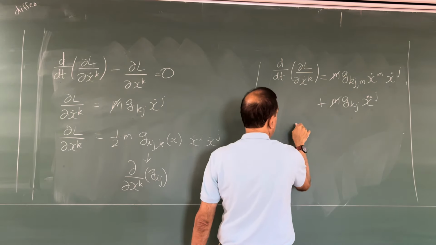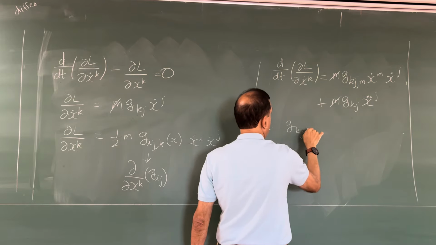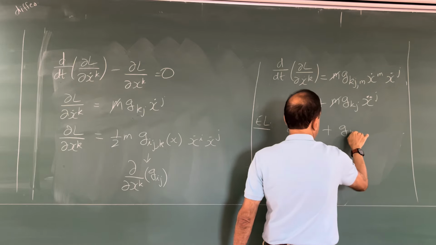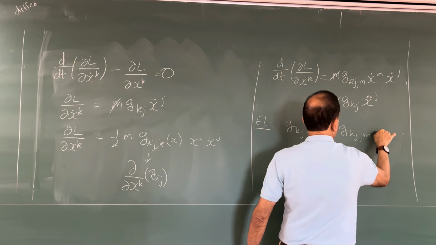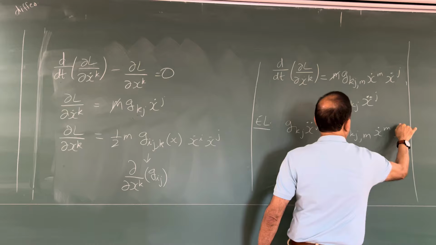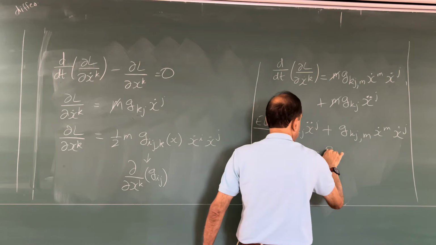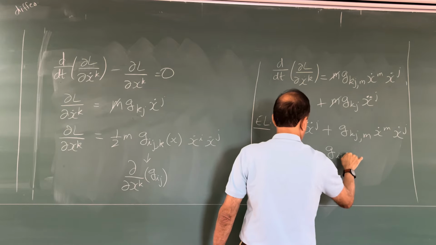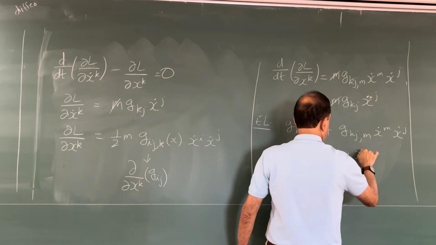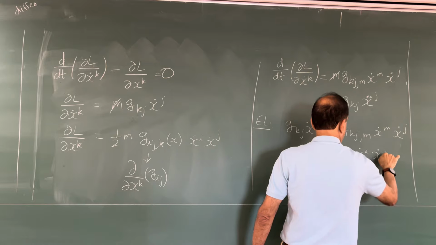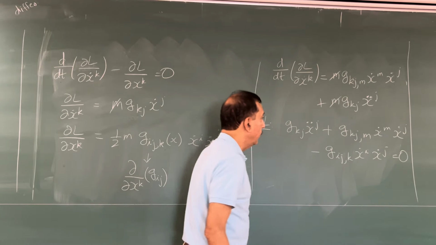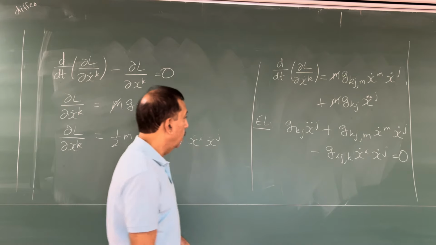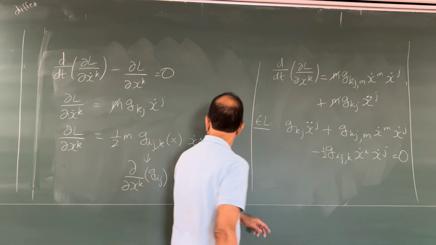So I get g_kj x double dot j plus g_kj,m x dot m x dot j minus g_ij,k x dot i x dot j equals 0. There's a half which I've lost somewhere, I think here. This term had a half.